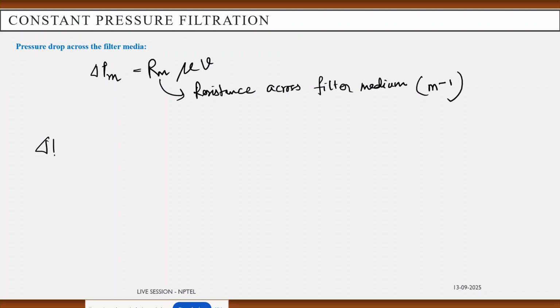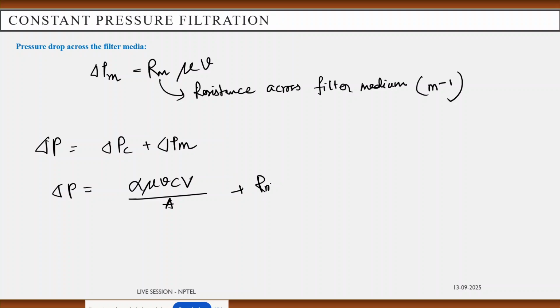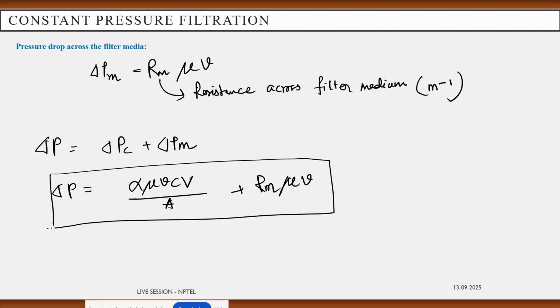So the total pressure drop for the filtration process is Pc plus Pm, which is alpha mu V Cv by A plus Rm mu V. So this is the whole equation, which refers to the pressure drop due to the cake and the pressure drop due to the filter medium.